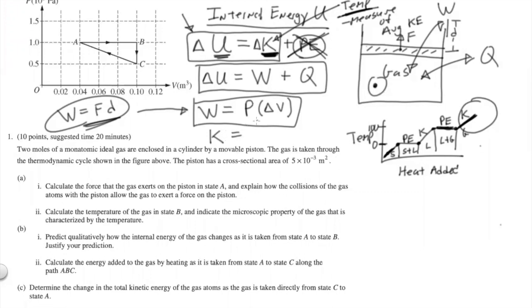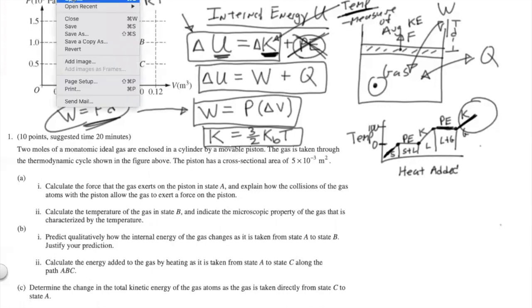To calculate the kinetic energy of a single molecule, we go 3/2 Boltzmann constant, which is on the equation sheet, multiplied by temperature. And then last but not least, we are of course going to be using the ideal gas law to figure out temperature stuff, which is PV equals nRT. So this is kind of the background info of what you're going to need for this problem. So let's just start the problem.